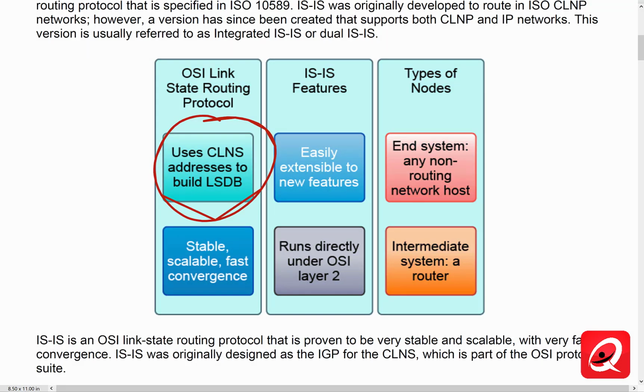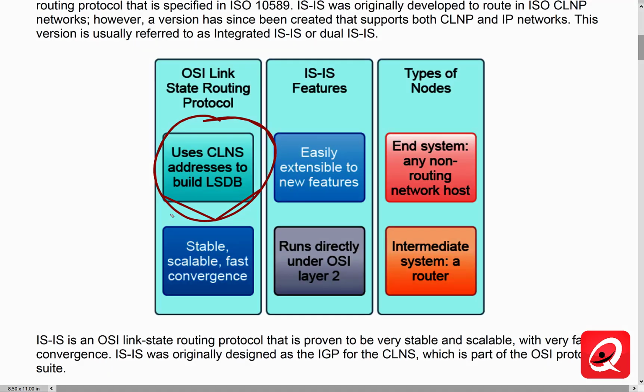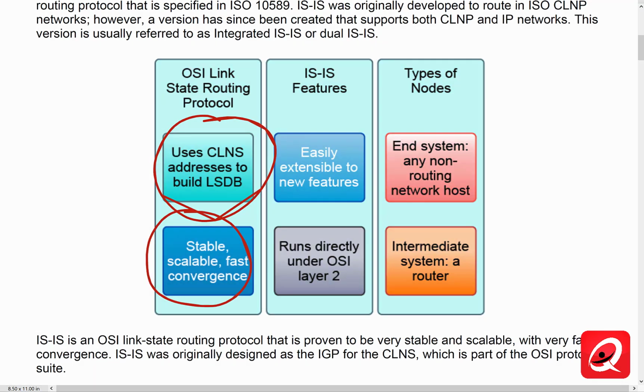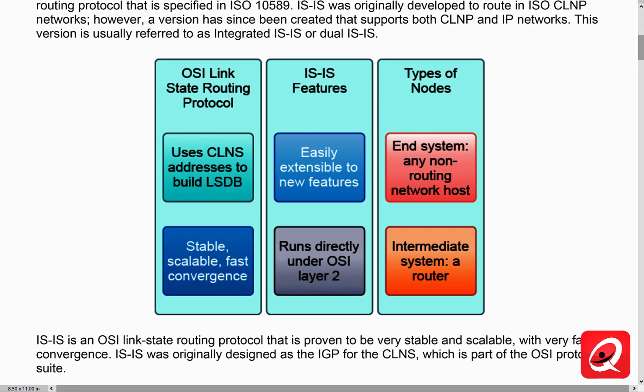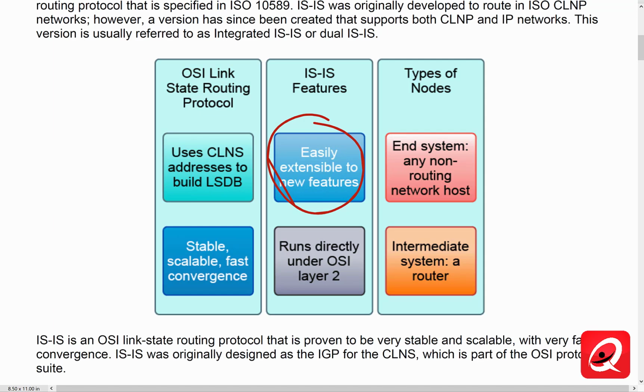So again, that's very similar to IP/UDP in a sense. It is stable. It's very scalable, very fast to converge. So it is a very kind of modern type of routing protocol, even though it's been around for quite some time. And because we have the integrated version of ISIS now, it's easily extendable with new features, especially when we integrate those type, length, and value fields.